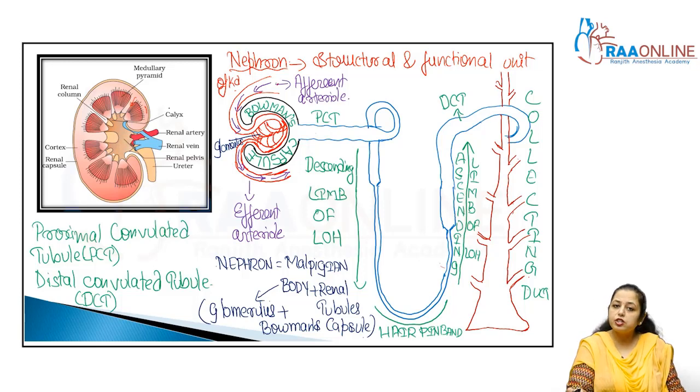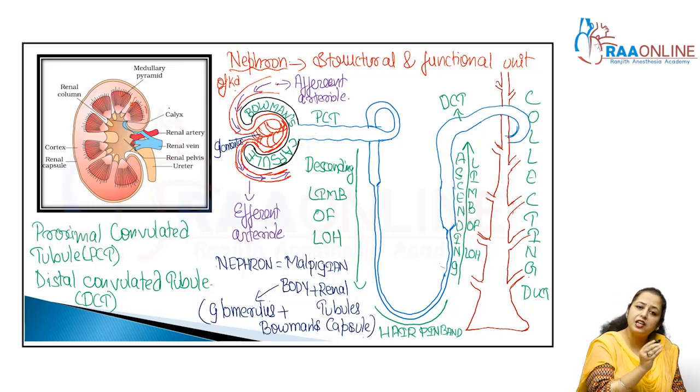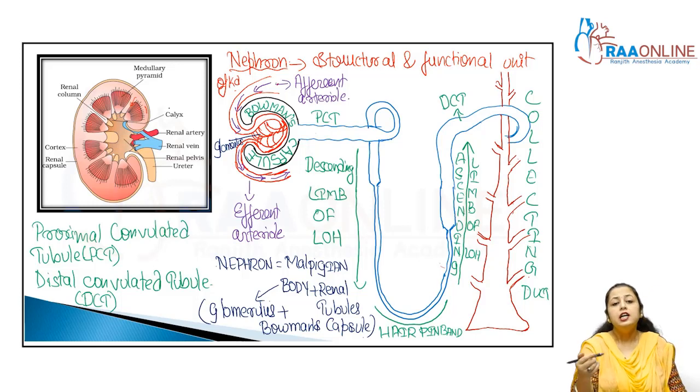And why is it called functional? Because the function of the kidney is to eliminate excretory waste products, and the nephron helps in the formation of urine. That's why it is called the functional unit.